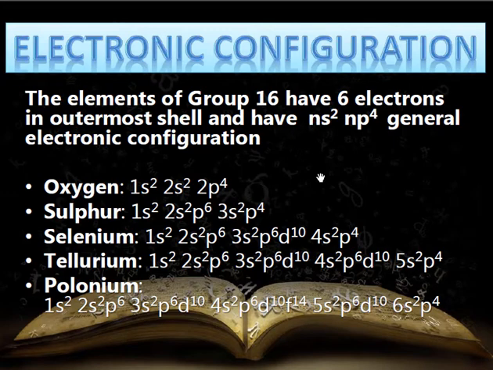Then 4s2 and 4p4, where 4 is n. All have 4 plus 2, 6 valence electrons. Then 5s2 and 5p4, where 5 is n. In the last, 6s2 and 6p4, where 6 is n.